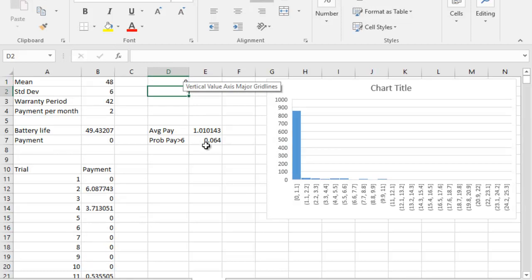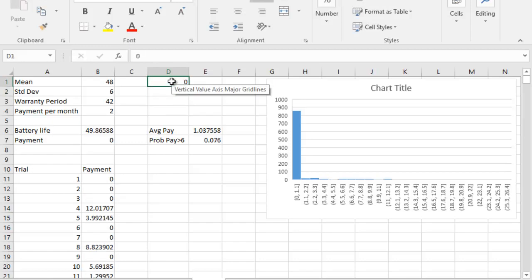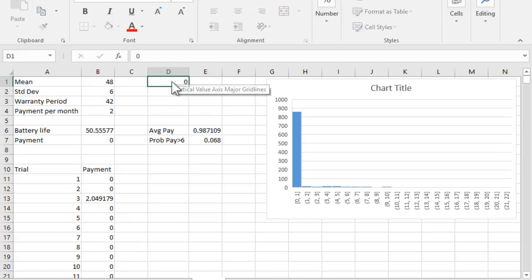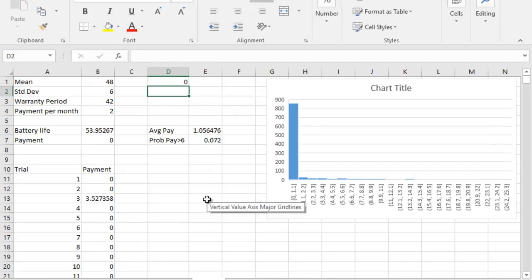And regarding the probability that I'll have to make a payment of more than $6 for a given battery, I see 0.064 and 0.076, 0.068, 0.072. It looks like the numbers are between 0.065 and 0.07.